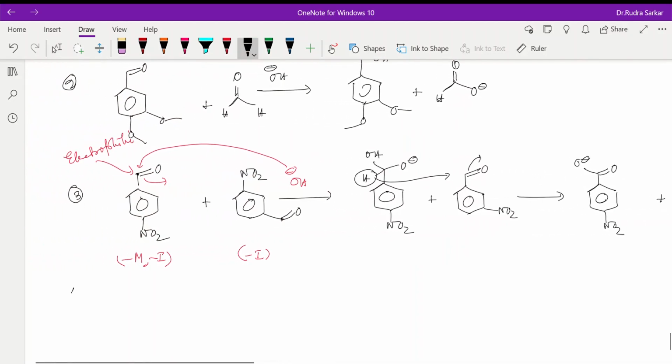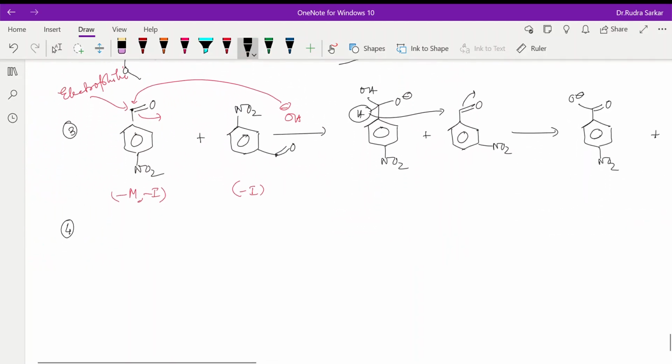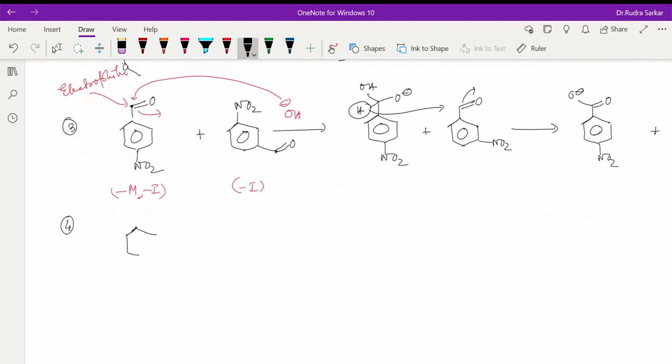Similarly, I can give you questions like, just using the same principle. I've given you chloro. Say in one I have given you a group that is acting as an electron withdrawing group, and something like this in presence of OH.